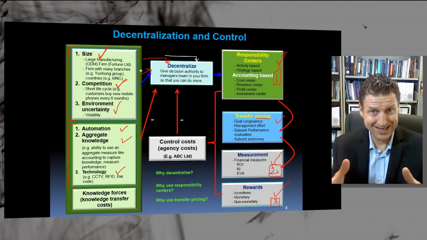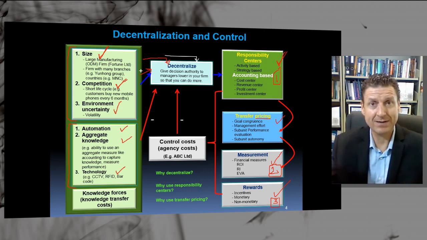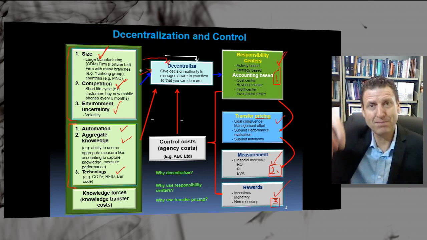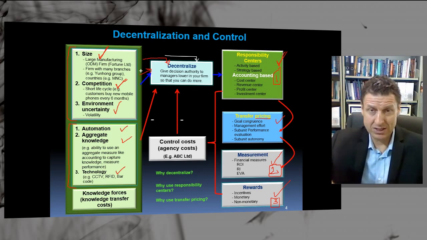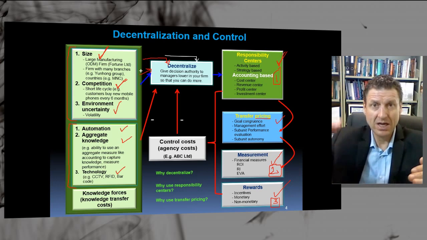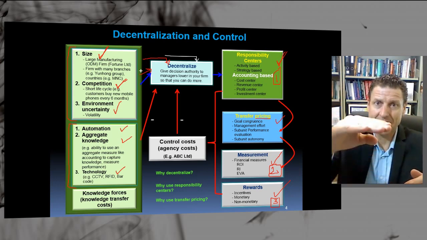Now, in the process, that fourth idea is this idea of transfer pricing. Now we've got knowledge transfer costs. We have delegated, but now we've got a three-legged stool to manage that delegation. So therefore, we can have lower agency costs. We want lower knowledge transfer costs. We want lower agency costs. Now, of course, control costs have gone up.